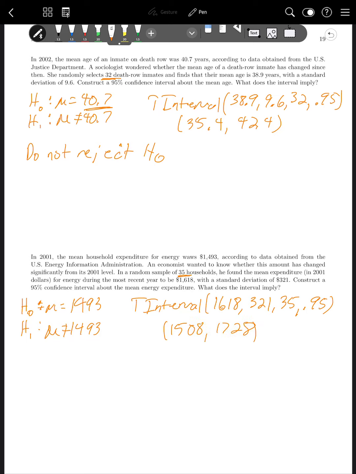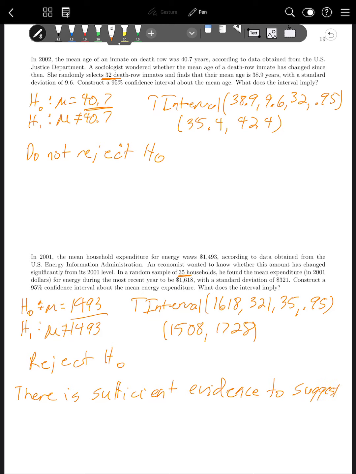So because our mean is not in our confidence interval, 1493 is not in between those two numbers, we reject H naught, which means we can say there is sufficient evidence to suggest the mean household energy expenditure has changed.